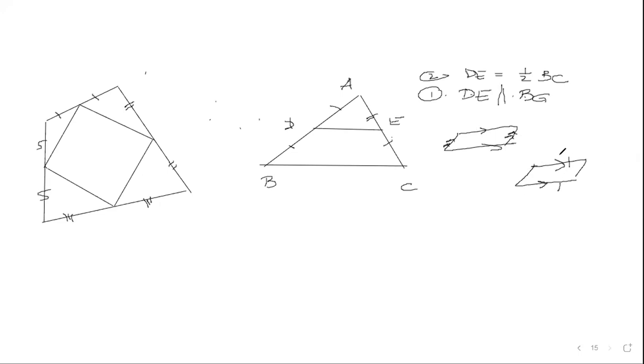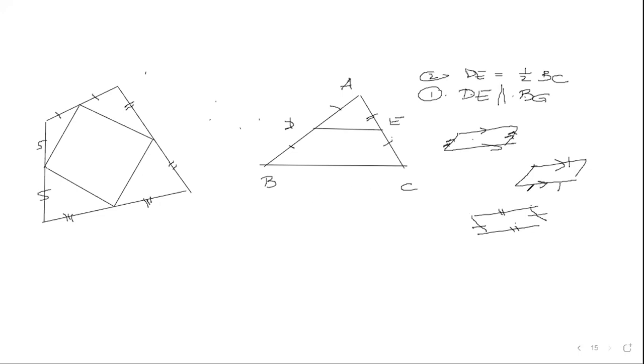So if you're given this condition, you can conclude it's a parallelogram. There are many beautiful conditions. Another one is that if you know that the opposite sides are equal, again, you can conclude it's a parallelogram. And conversely, if you know it's a parallelogram, you can conclude this, and you can conclude that. So it works both ways.